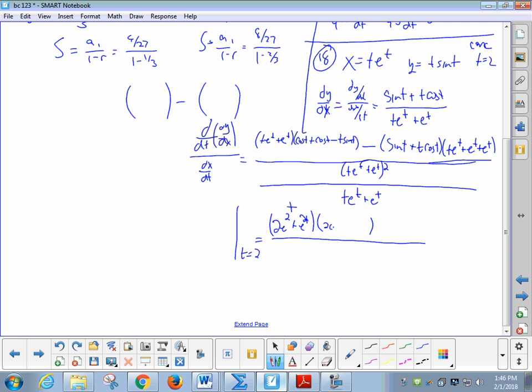I don't even know if that's positive, because I don't know what 2 radians are. 2 radians is about 100 degrees. Somebody tell me if that's positive. 2 cosine 2 minus 2 sine 2.